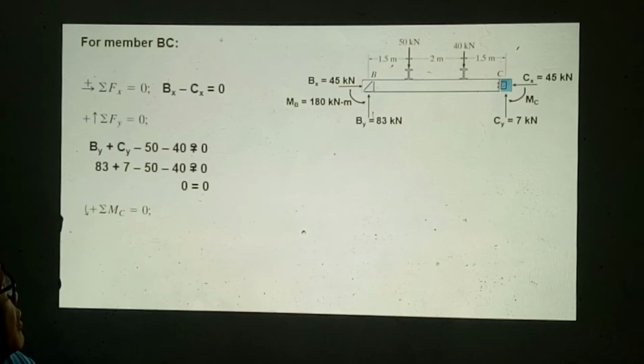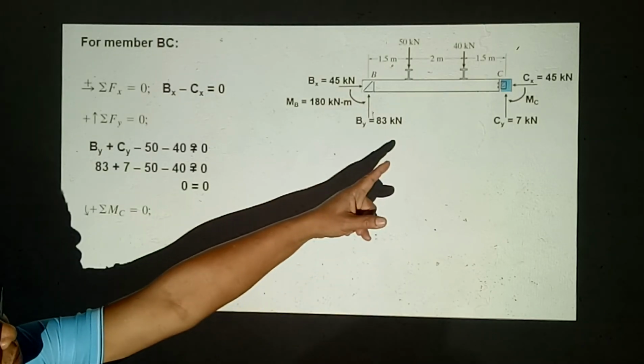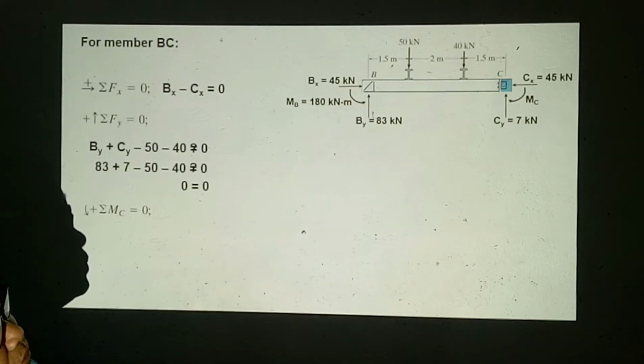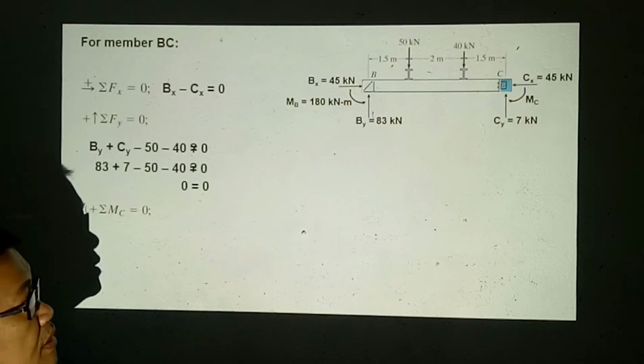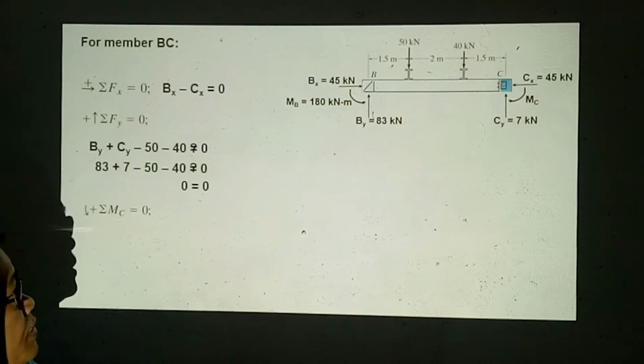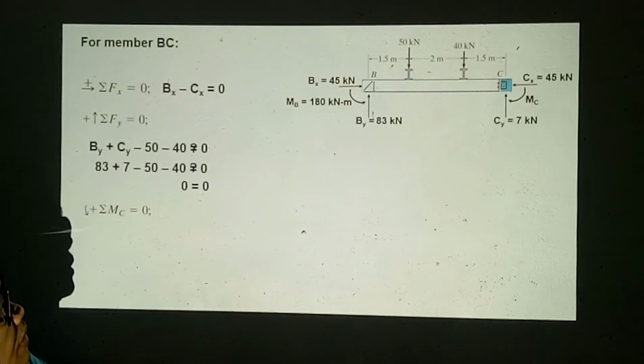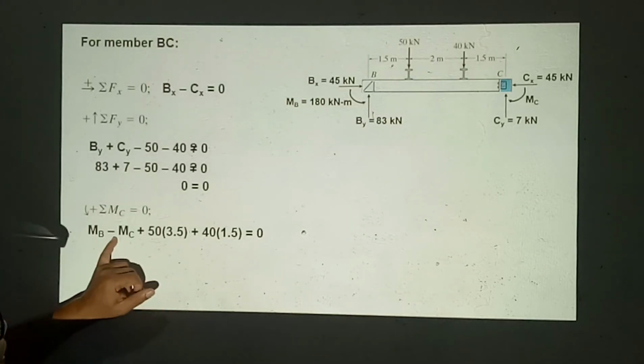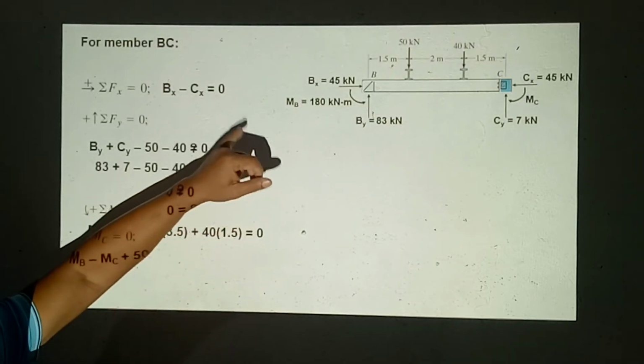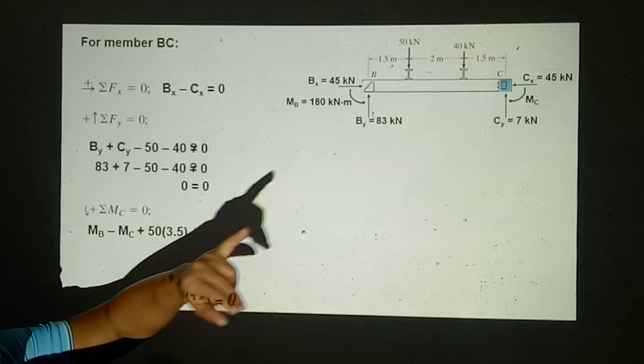Then summation of moment at point C equals 0. The only unknown is MC. We will solve for that MC based on the applied loadings and the computed reactions and moment at point B. So MB is positive because it gives us a counterclockwise moment.